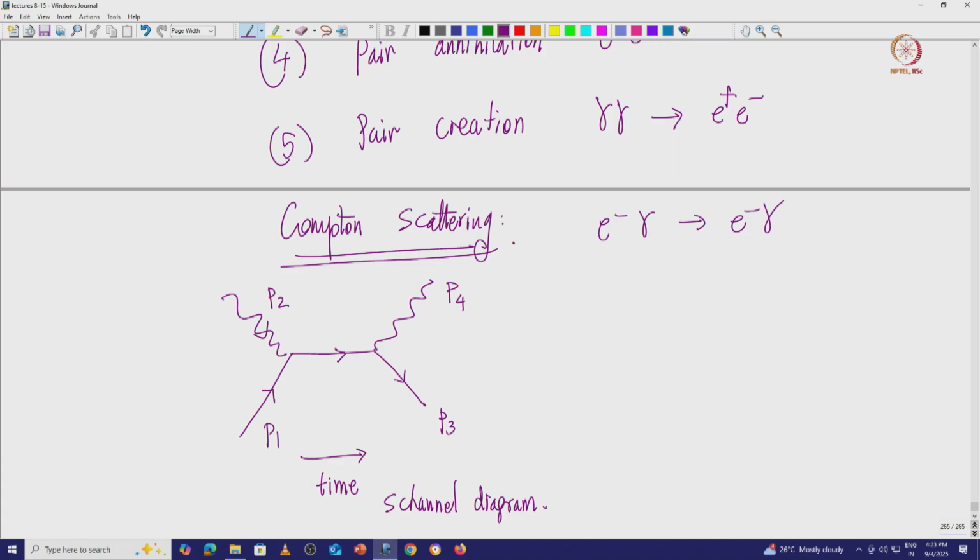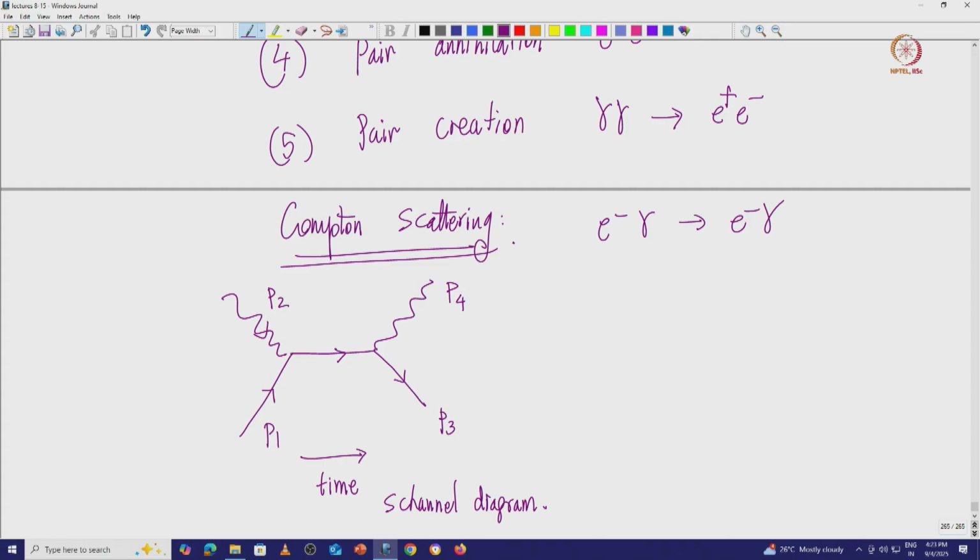Okay. Now, what is the other diagram? Is there any other diagram? The photons can be exchanged, right? Essentially, you can exchange both the diagrams. So, in this vertex you have P1 plus P2 going into this, but you can also have P4 minus.